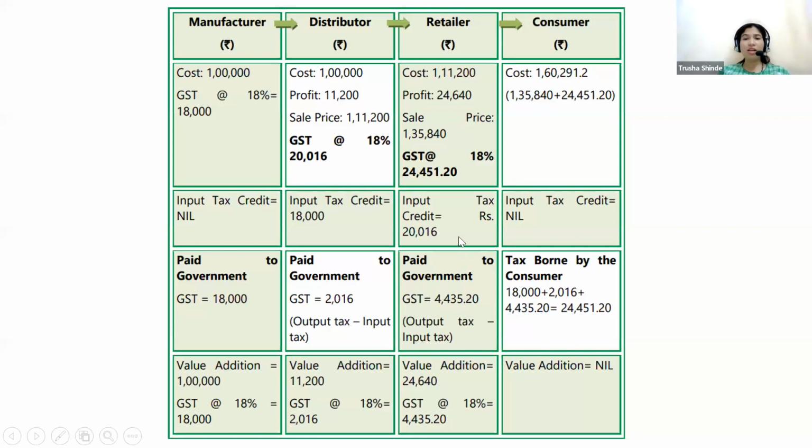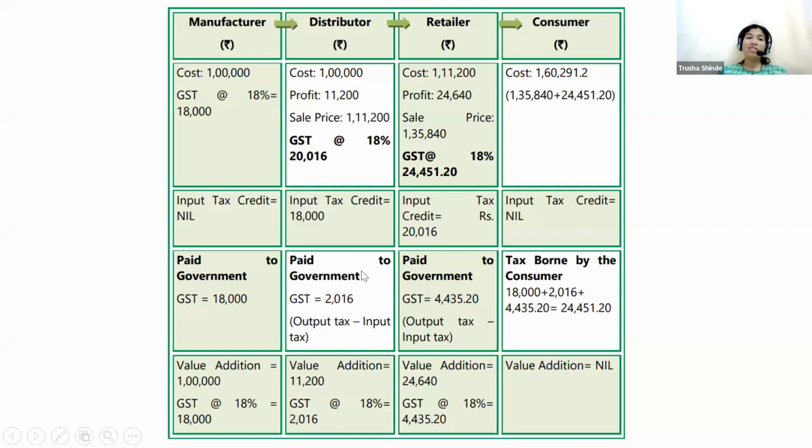For the retailer, what he bears is 20,016. It becomes his tax credit. For the consumer, nothing comes, because he is the last end consumer, so nothing is credited to him.